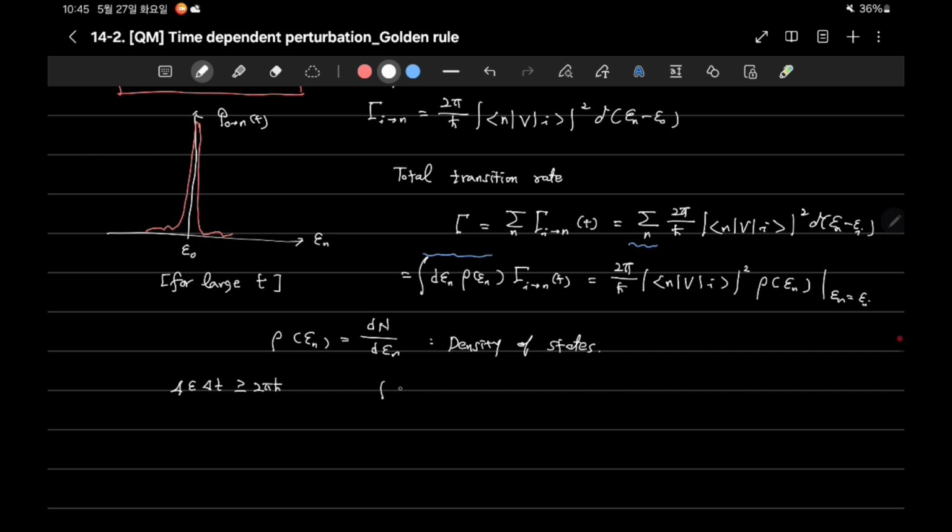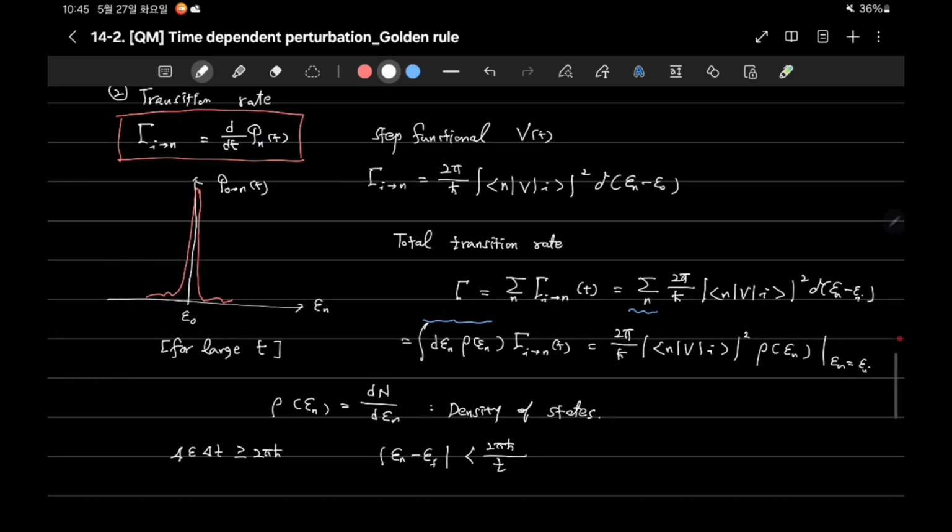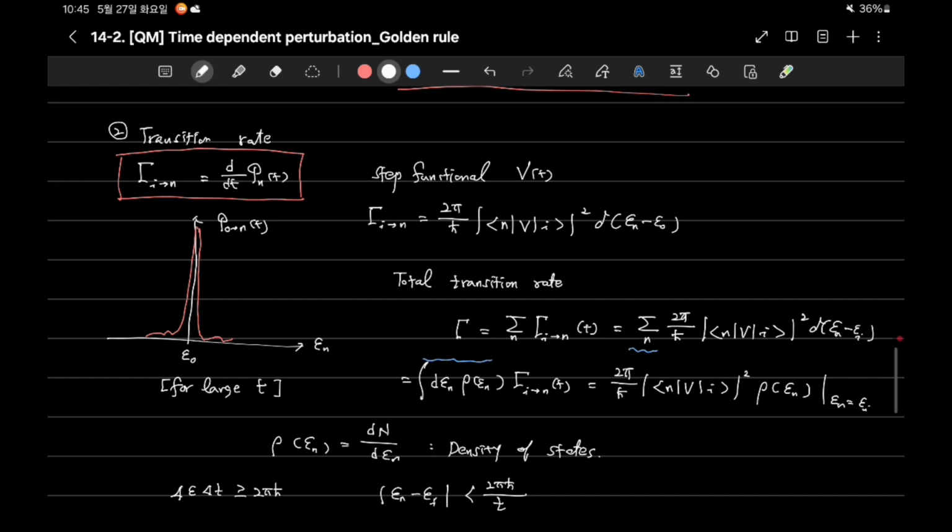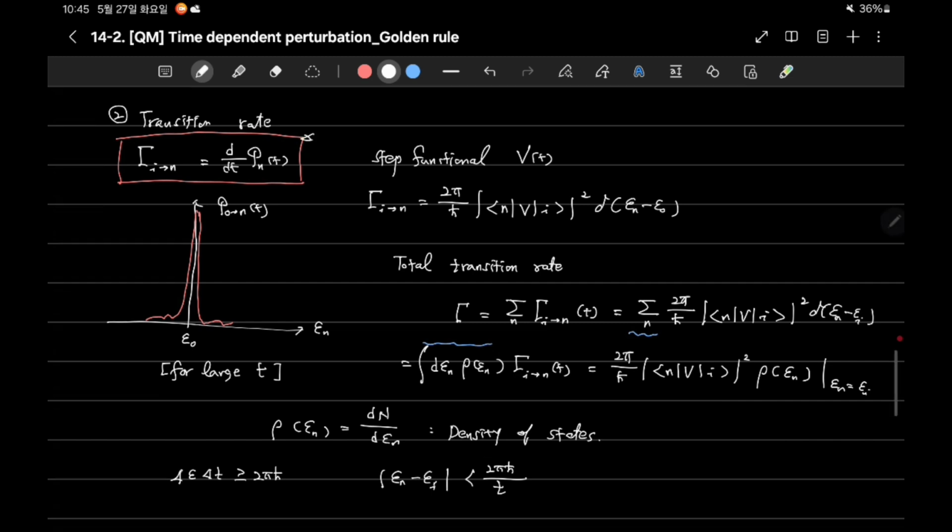So the energy variation, epsilon n minus epsilon i, should be less than 2 pi h bar over t. So here we should remember the transition rate, and the transition rate is the largest at the ground state after a very long time.